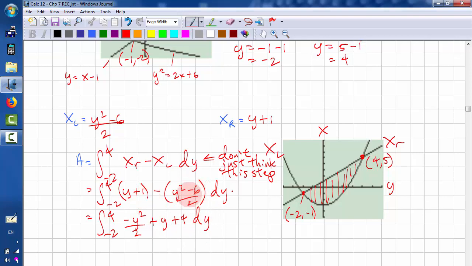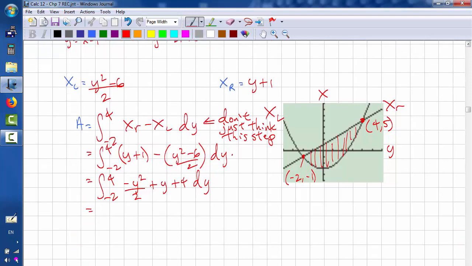This is negative 3 and another minus, so that's positive 3 plus 1, that's 4. Integrating this, we have minus y cubed over 6 plus y squared over 2 plus 4y. Integrating from negative 2 to 4.